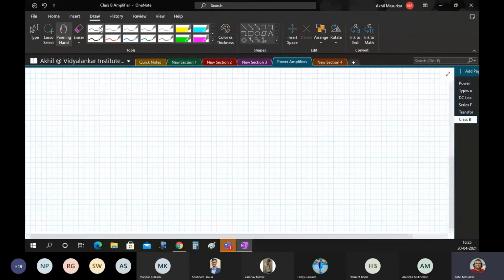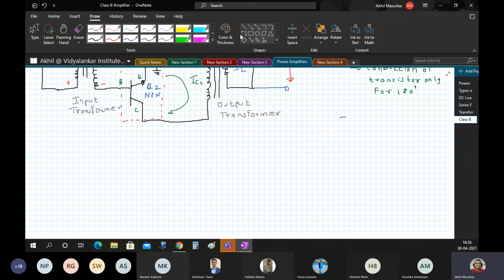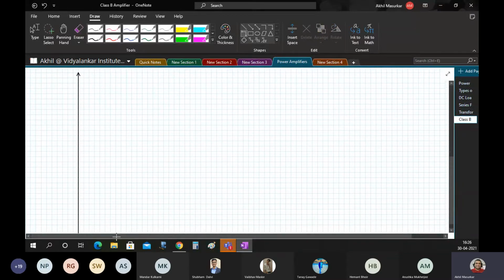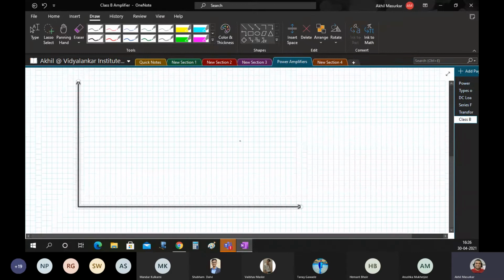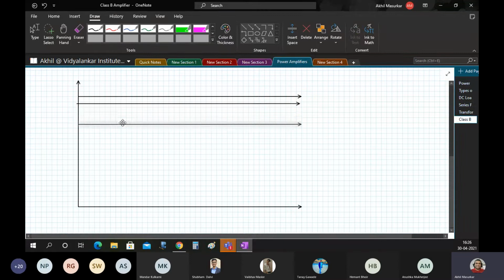So we will draw 4 graphs. First graph we will, second graph you draw it like this.